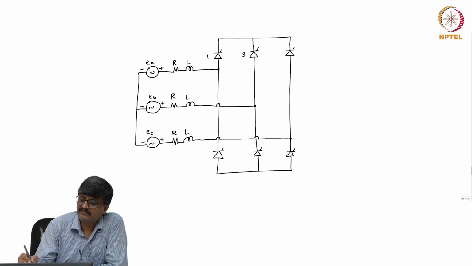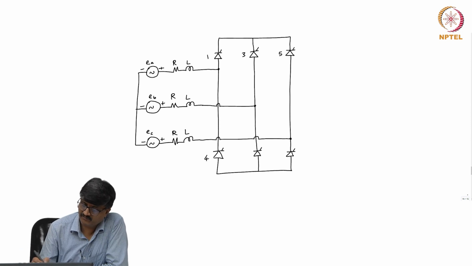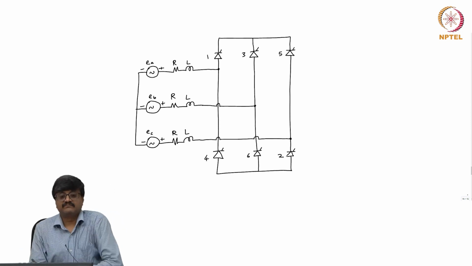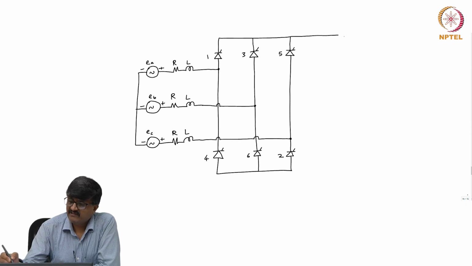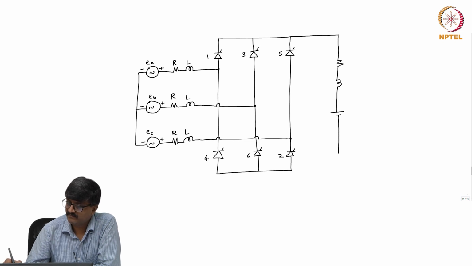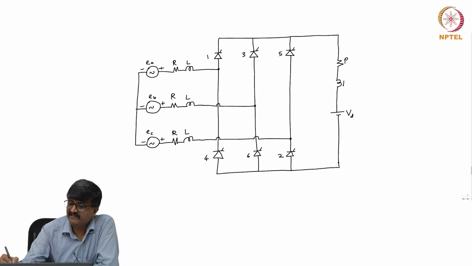Valves 1, 3, 5, valves 4, 6, 2. Now, on the DC side, we consider a model consisting of a resistor, an inductor and a DC voltage source. So, VD is the voltage across this voltage source, RD is the resistance, LD is the inductance.